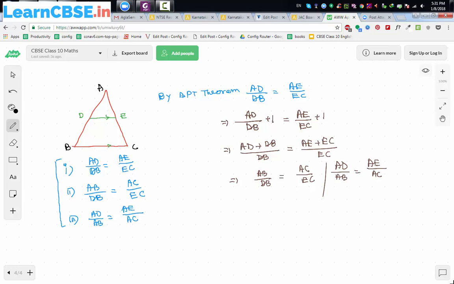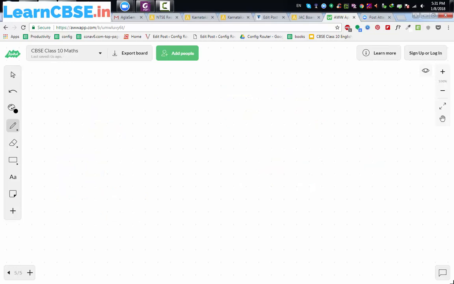So let's try to solve a question and see how it can be solved. For example, I'm taking a question from a CBSE previous year paper, from 2006.